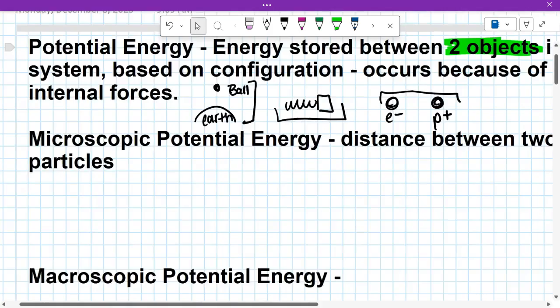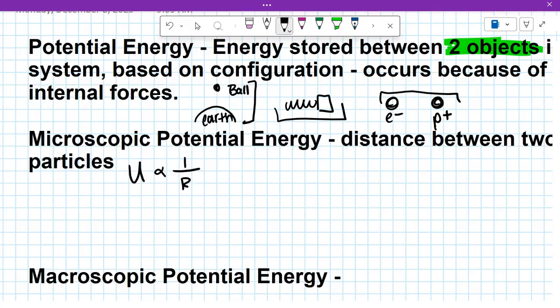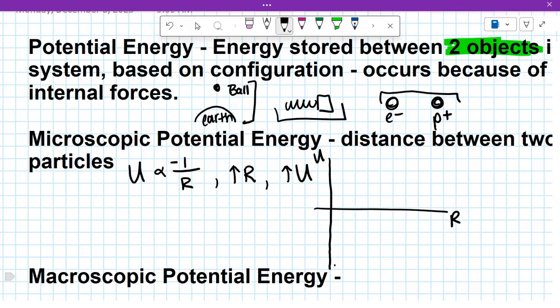When we calculate the potential energy at that microscopic level, the potential energy is actually equal to the negative of the inverse of the distance between the two objects. So as we increase r, the distance between the two objects, we're going to increase the potential energy. If I graph potential energy versus r, and again, this is microscopic, the graph looks something like this.